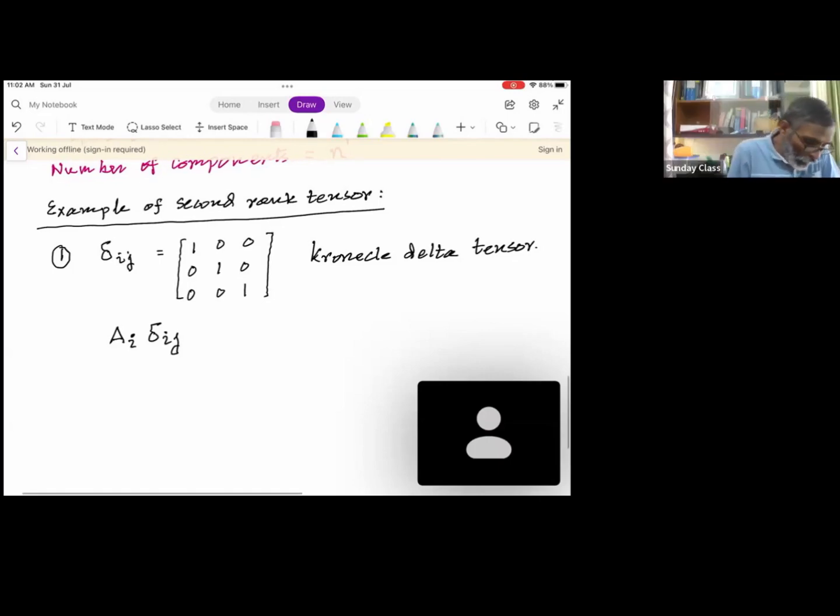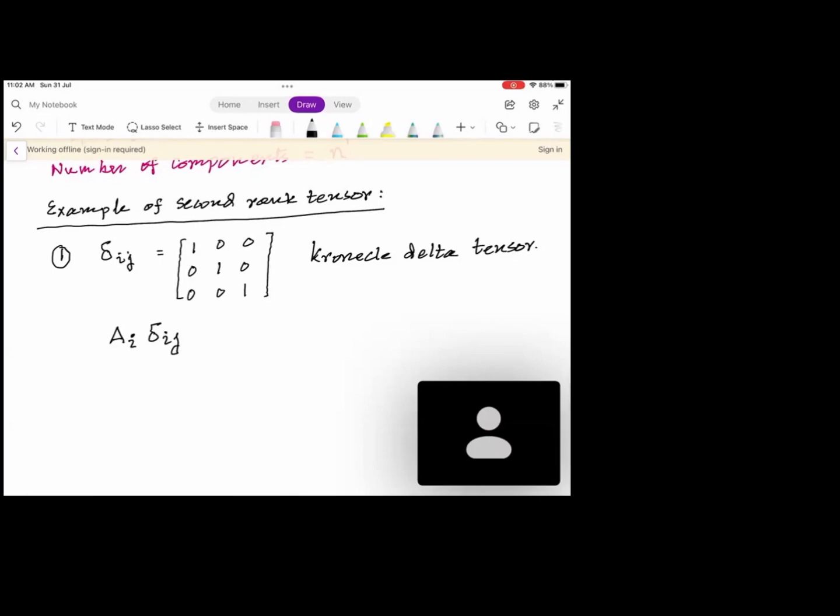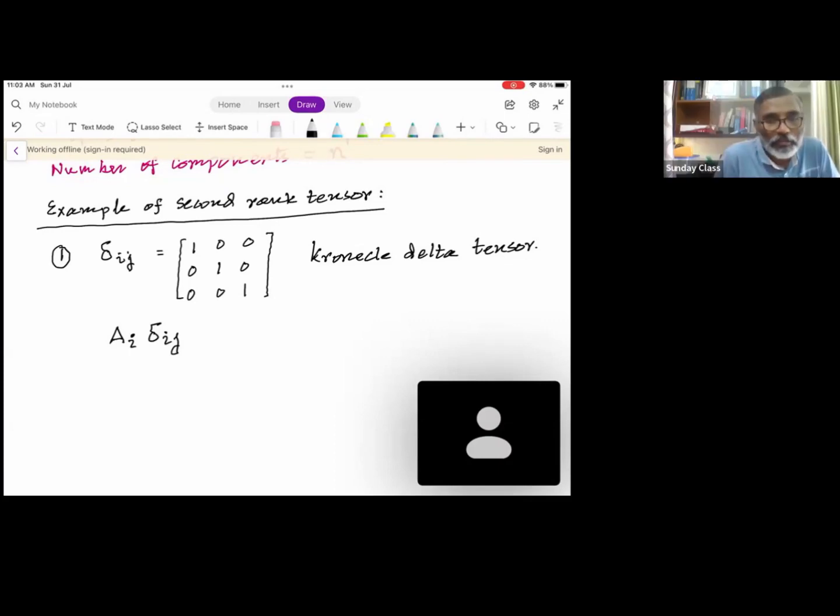So the combined operation: ai is a rank 1 tensor, right? It's a vector. Delta ij is a rank 2 tensor, right? So now what is the rank of the resultant operation?